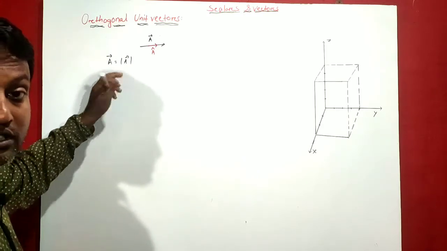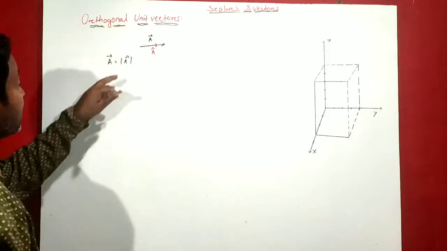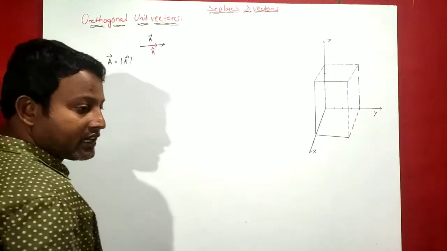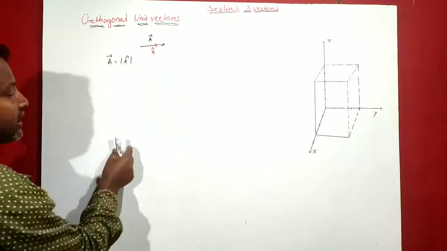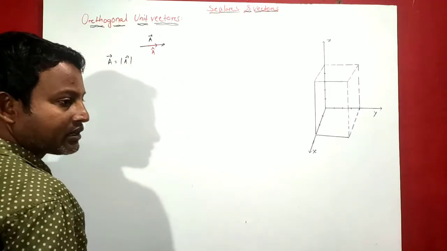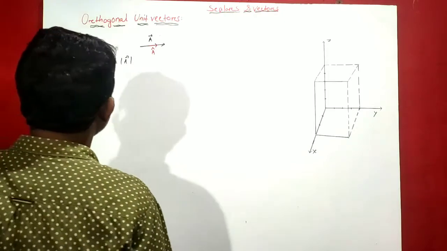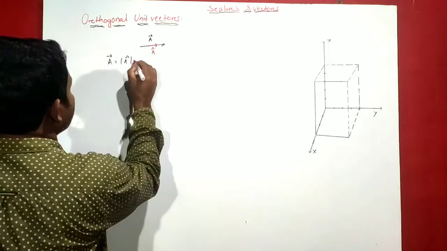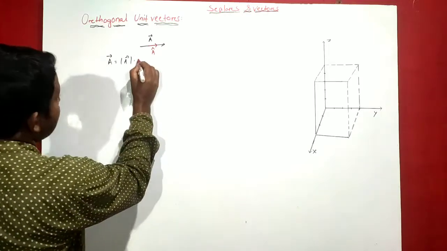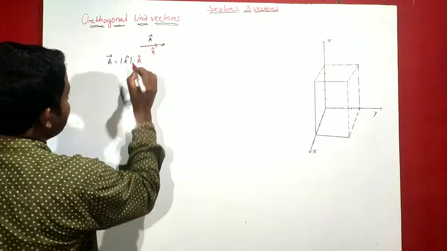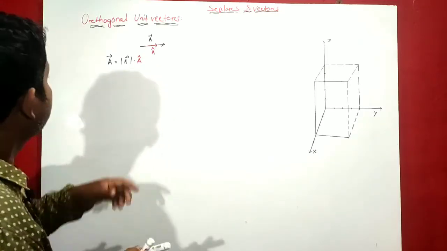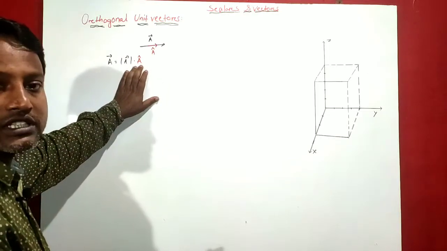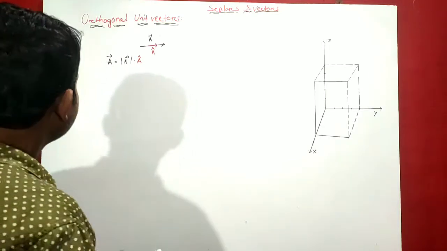That means it is only a value, a number. So we have to give a direction to the right hand expression so that it will be equal to the left hand direction, which is a vector. So this is A cap, magnitude of A into its unit vector, which is denoted by A cap.